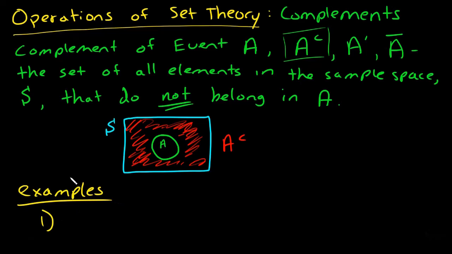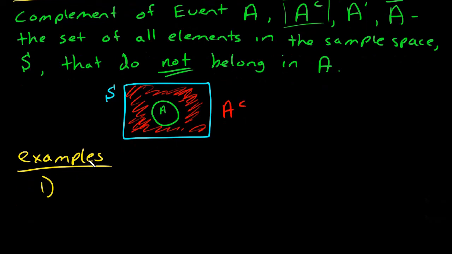Actually, let me give our sample space. Suppose we're rolling a die. So our sample space is 1, 2, 3, 4, 5, or 6, because we have a 6-sided die.